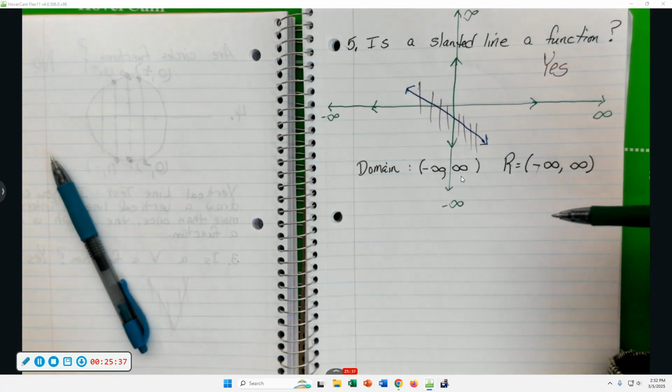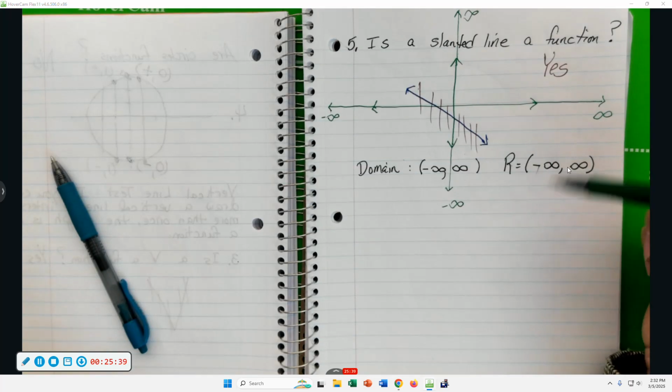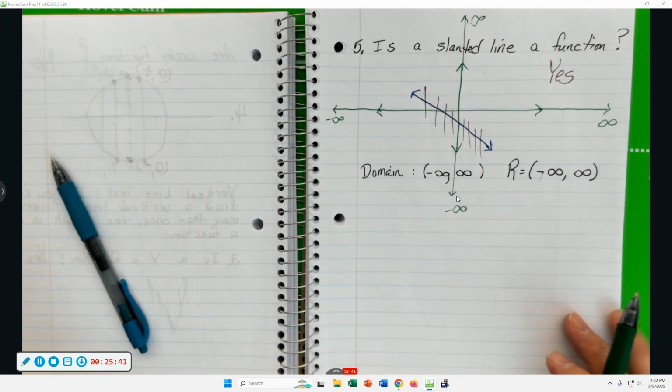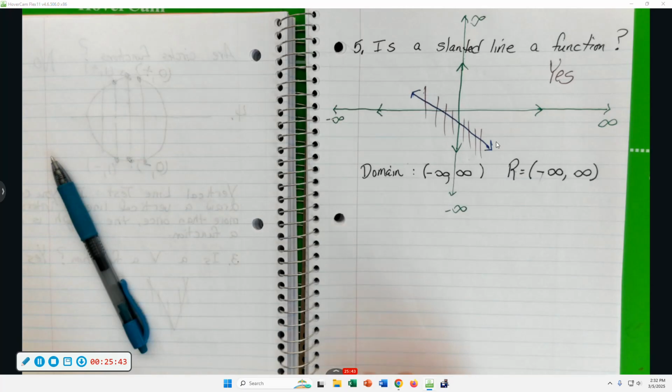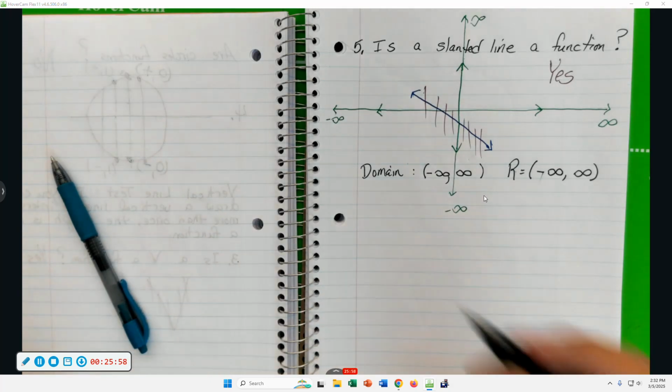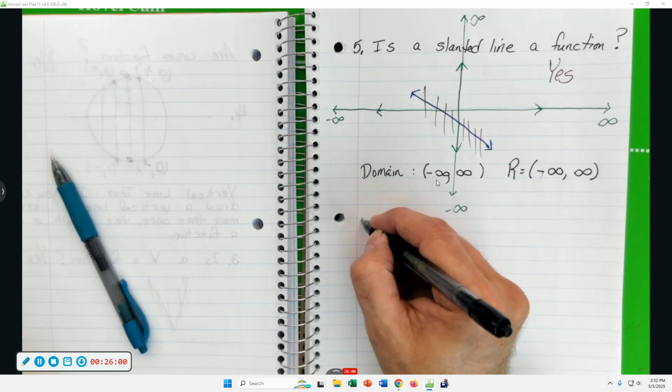Every number is used for an x value, every number is used for a y value, and it doesn't matter whether the line is falling from left to right or rising from left to right. All slanted lines are functions with domains of all real numbers. Any questions on my logic? No?